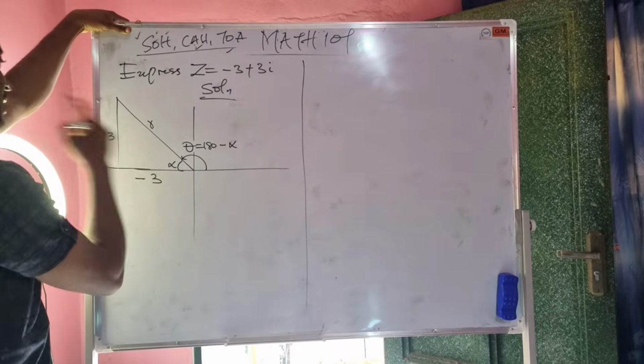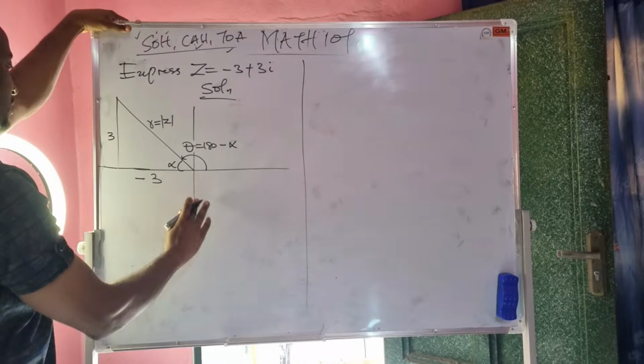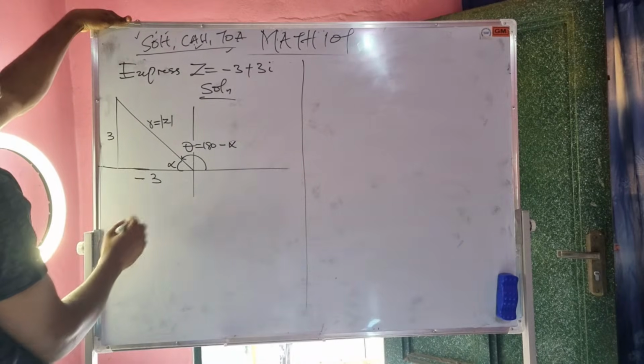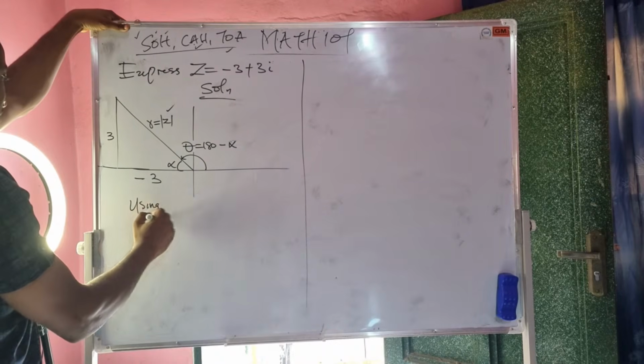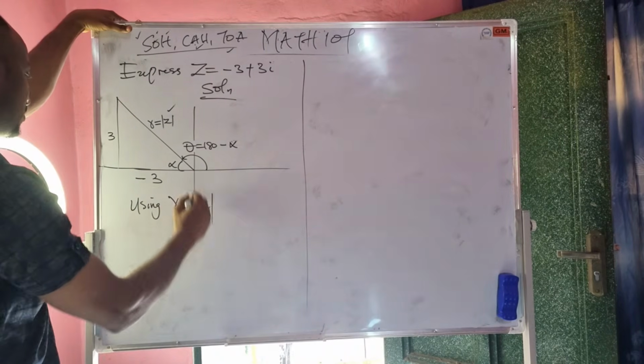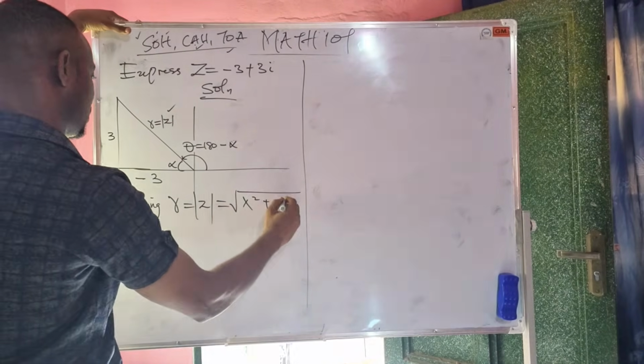Then here we have R. R equals what? The modulus of z. So the first step is to find the value of R, using R equals the modulus of z, which equals the square root of x squared plus y squared.